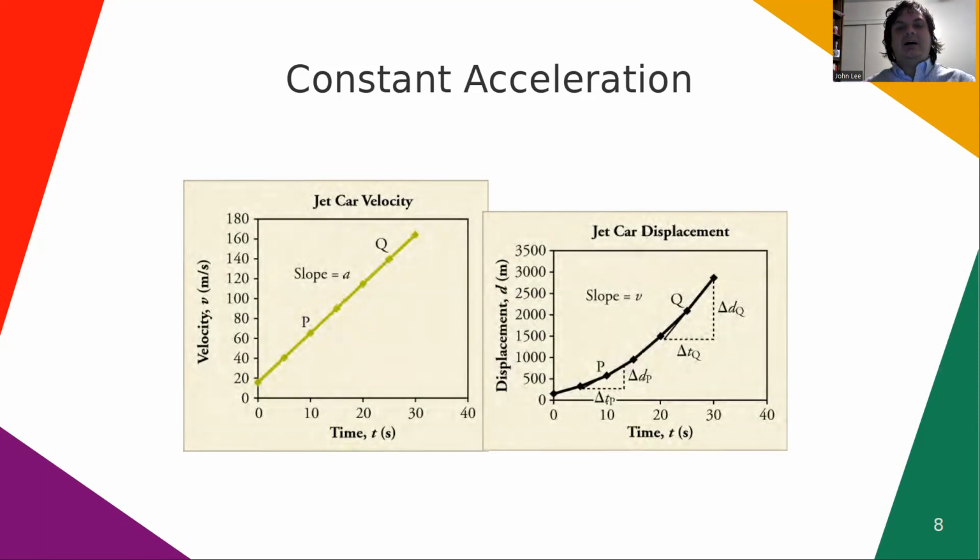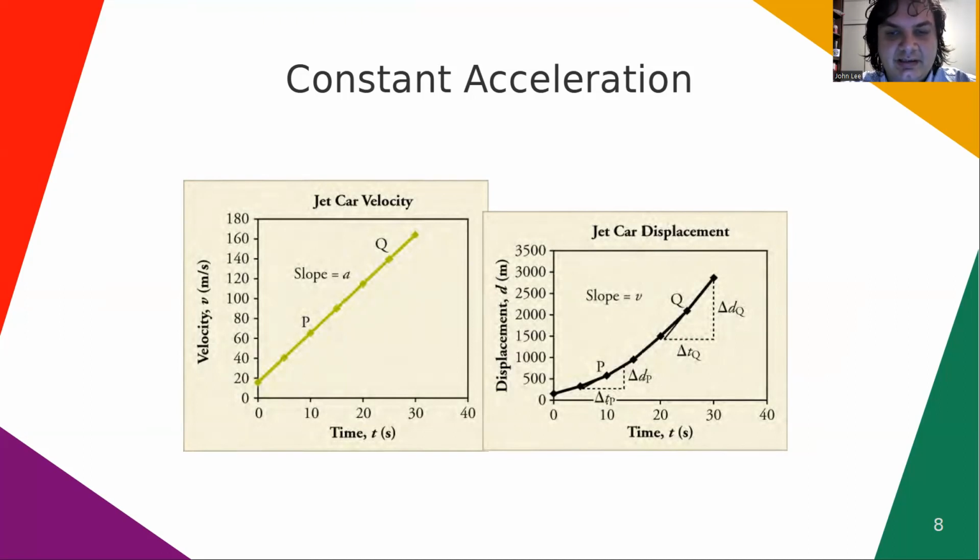So these triangles here show us delta distance over delta t, where delta means change in something. So this is the change in displacement over the change in time at point P and point Q, where P and Q are just labels for these specific times.